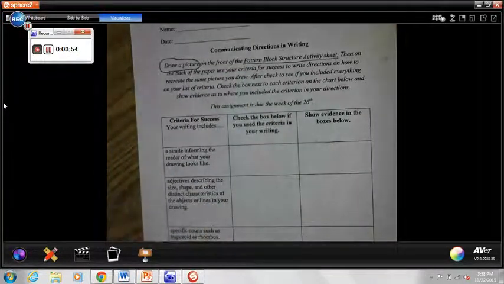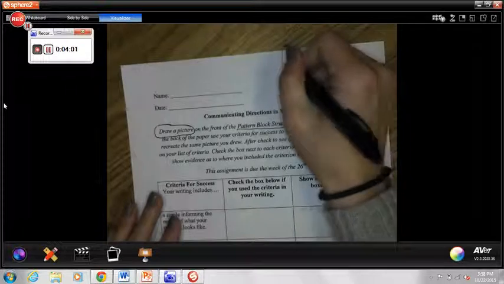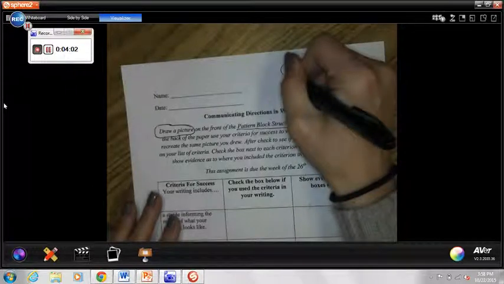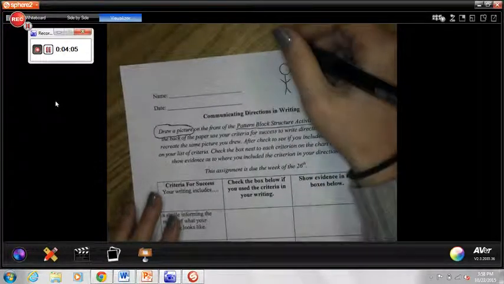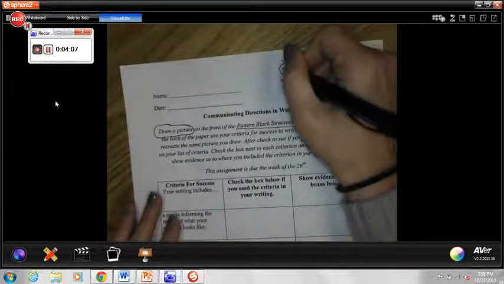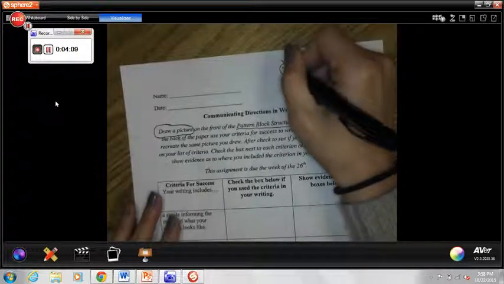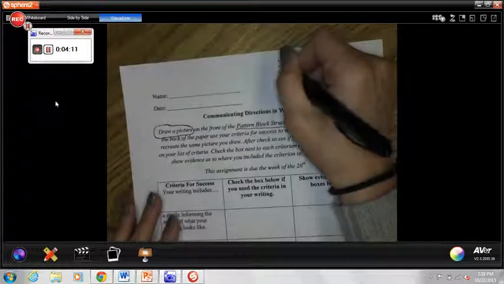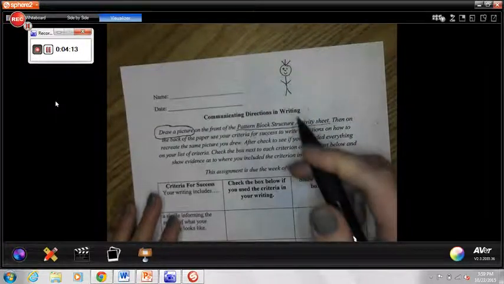Now, it's not going to be perfect, but if you draw a stick figure like so, sorry. Okay, here's my stick figure. Alright, here's my dude, and he's really cool. Well, I want someone to be able to draw the exact same person.